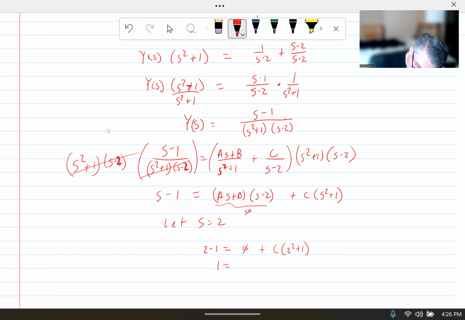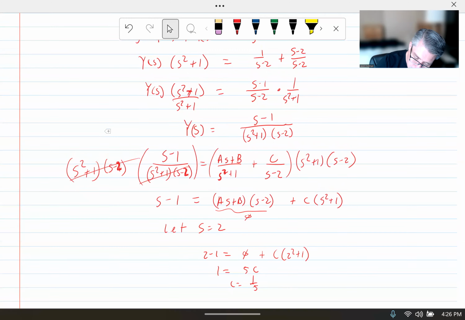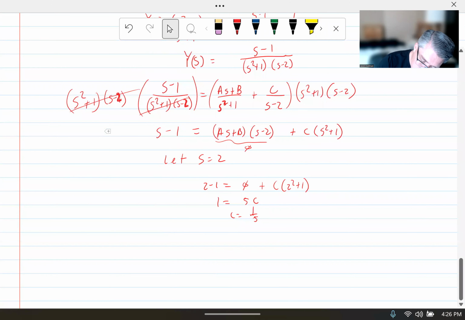So this is 1 is equal to 5C, so C is equal to 1/5. We got C, but because of s squared plus 1, whenever I plug anything in, it's just going to give me a positive value. It's not going to go to 0. Even if I plug in 0, it doesn't go to 0. So I know what C is. Let me just circle that. Okay, so C is 1/5.